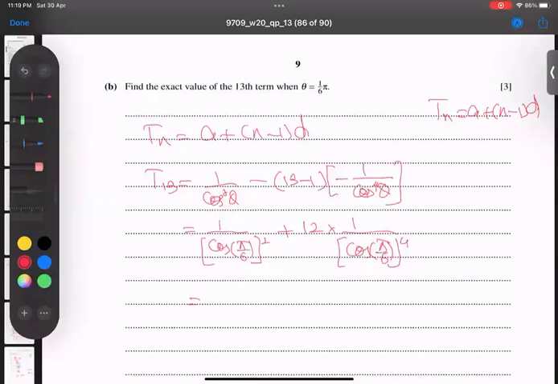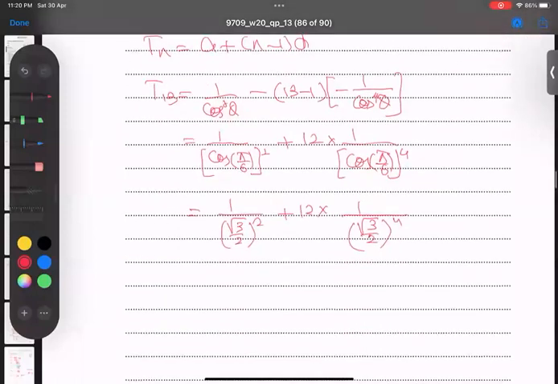Pi by 6 is actually 30, or type in degrees, must take 30, but no problem, you can write radian also. Root 3 by 2 power 2. Same here, the power is 4. And you know very well that with power 2, the power of root 3 is gone, only 3, and square of 2 becomes 4.